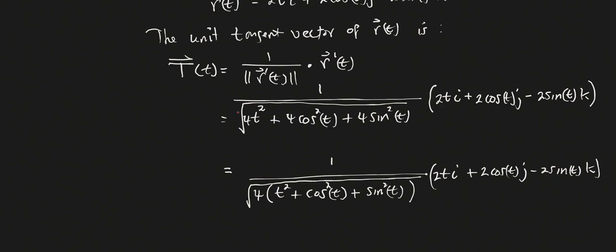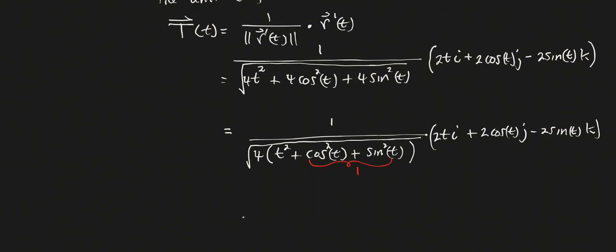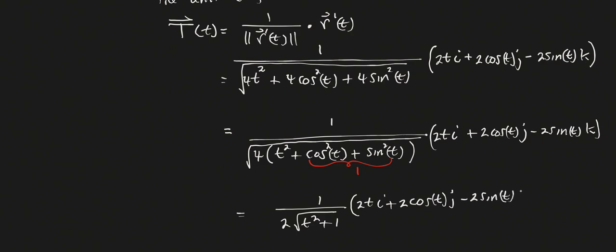Cosine squared plus sine squared is equal to 1. So that's really helpful. So all of that just simplifies to 1. And then I can take the square root of 4 times the square root of t squared plus 1. So I can use that property of roots, and I end up with 1 over 2 root t squared plus 1, and then times my 2ti plus 2 cosine tj minus 2 sine of tk.